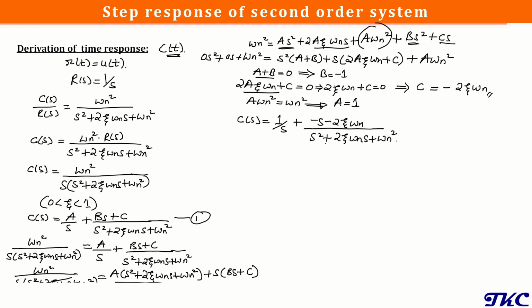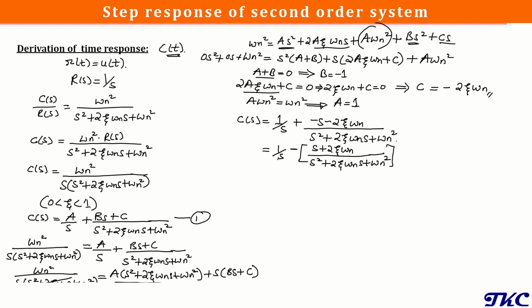Now we can further simplify this expression as 1 by s, and taking the minus sign common, it will be minus, in the bracket s plus 2 zeta omega n, divided by s square plus 2 zeta omega n s plus omega n square.